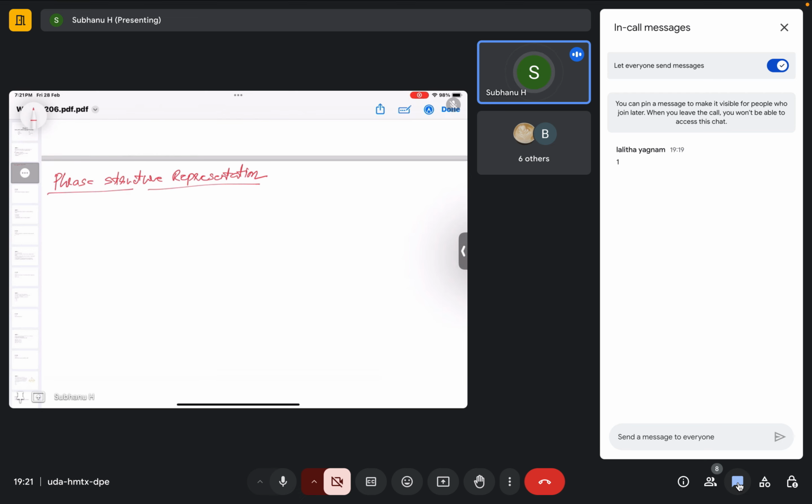Phrase structure representation. So what is a phrase structure representation? I think you have already done it in the class.